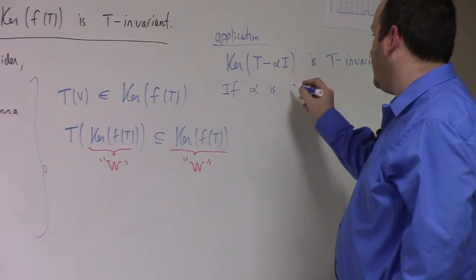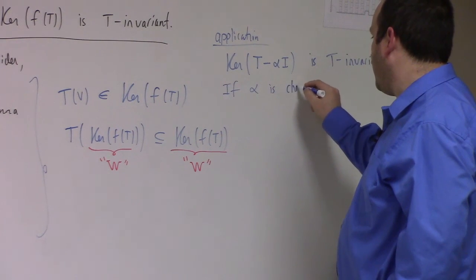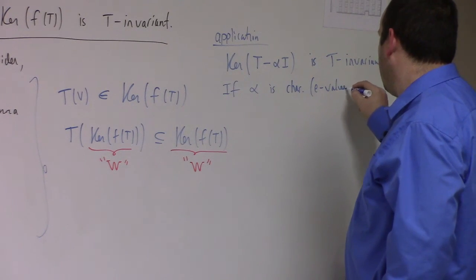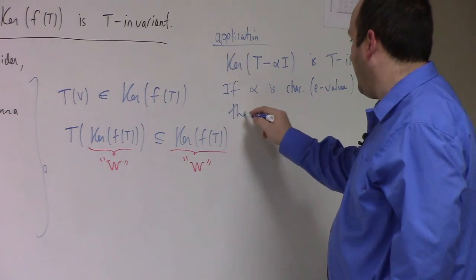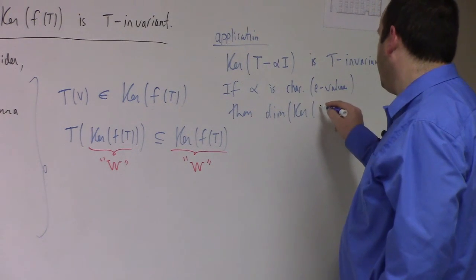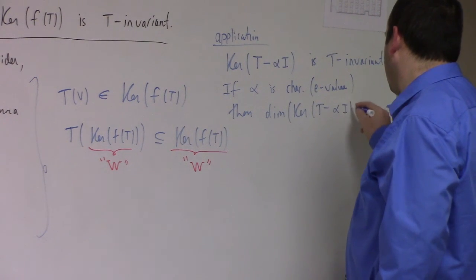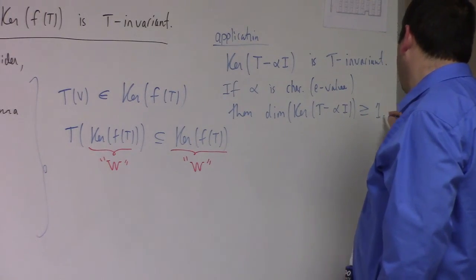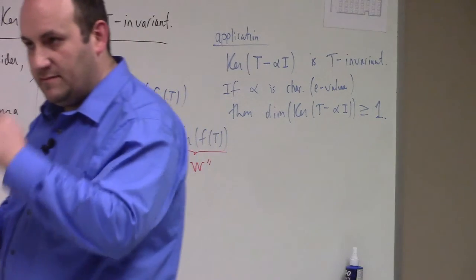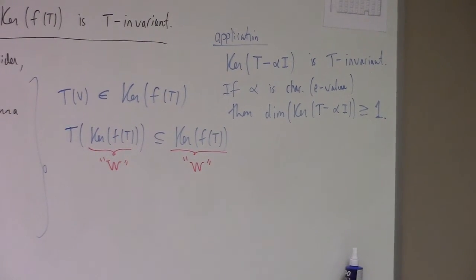If alpha is a characteristic value, then what does that mean? Then the dimension of this thing is greater than or equal to 1, because there's at least one. To say alpha is an eigenvalue means there's at least one eigenvector belonging to alpha.